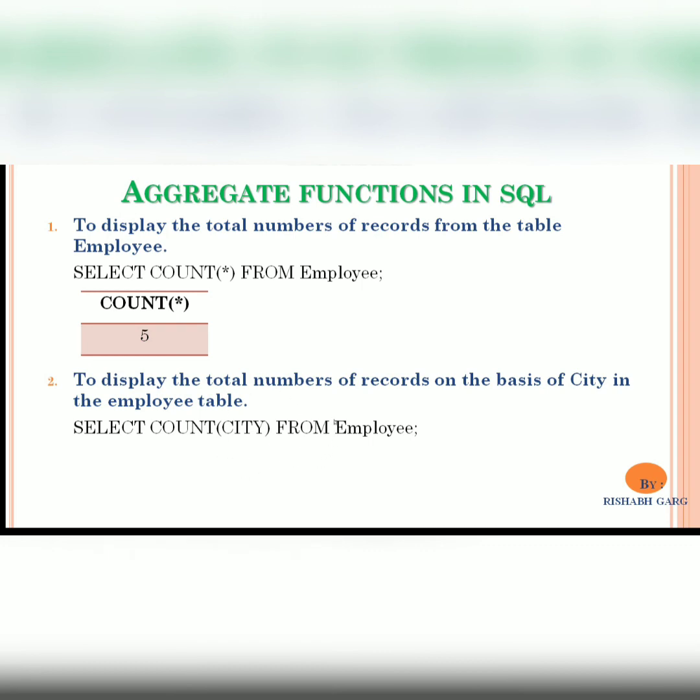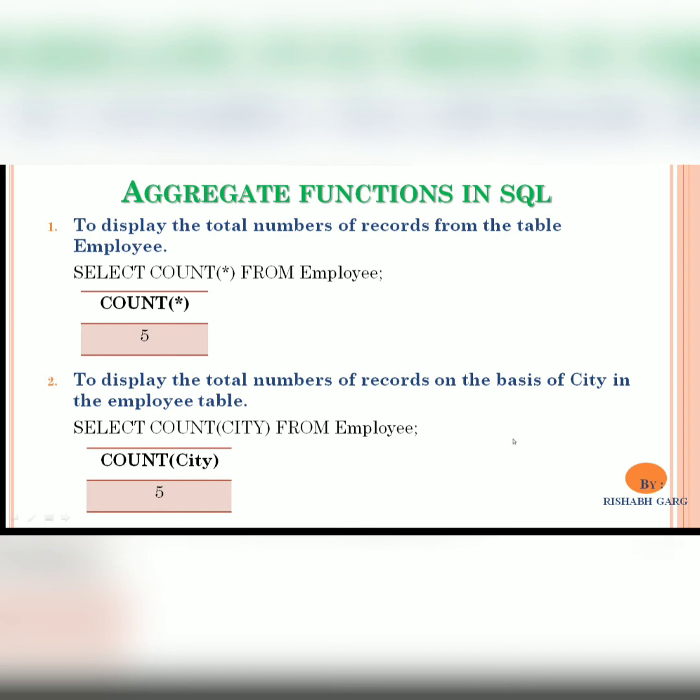Then after, we will use the from keyword. After that, we will write the table name, that is employee, and at last we will use the semicolon for terminating our command. After executing this command, it will display the total number of records available in the city field in the employee table. I hope it's clear to all of you.